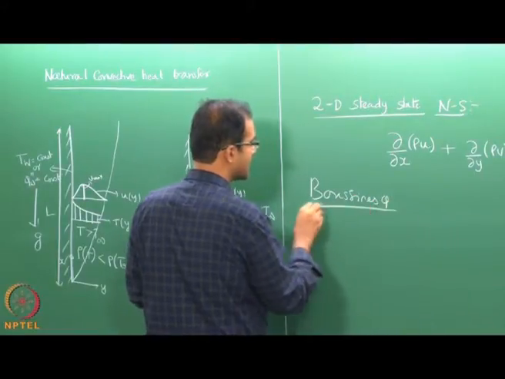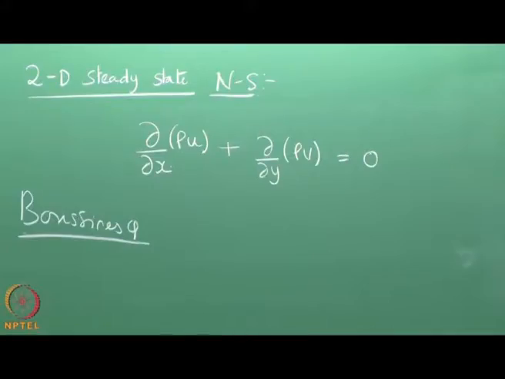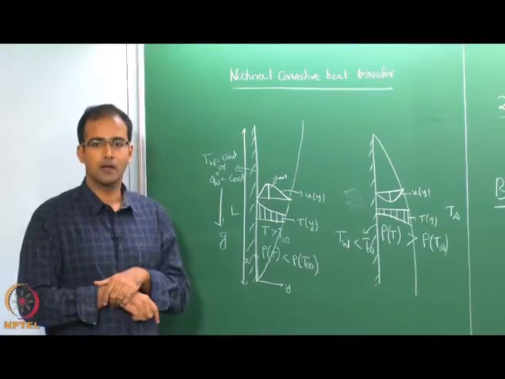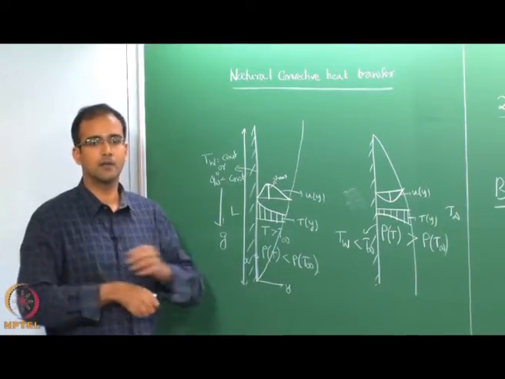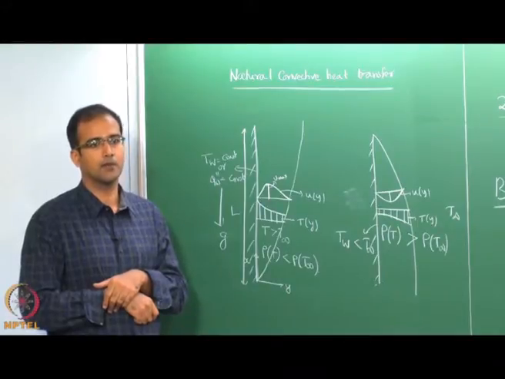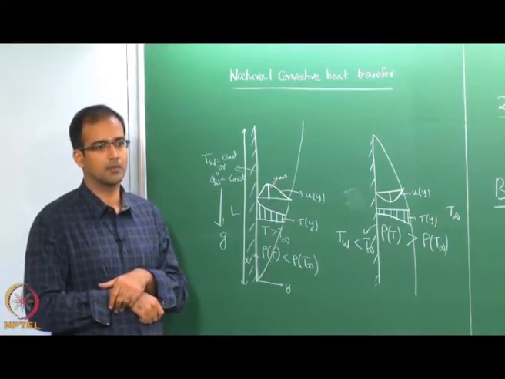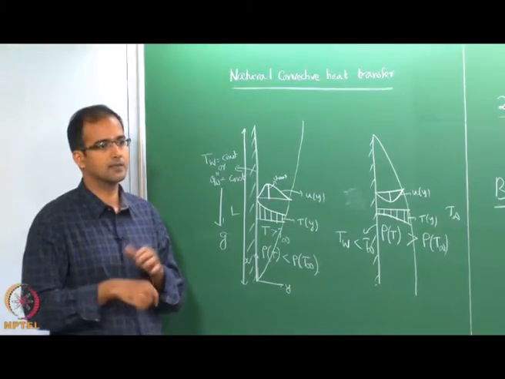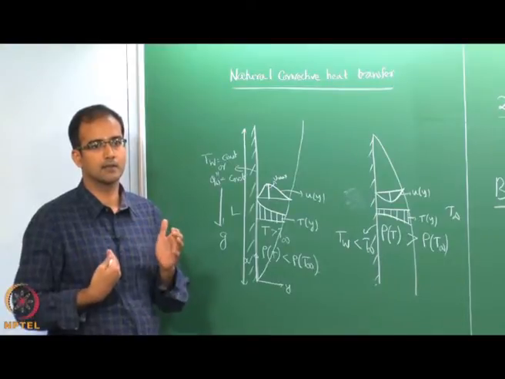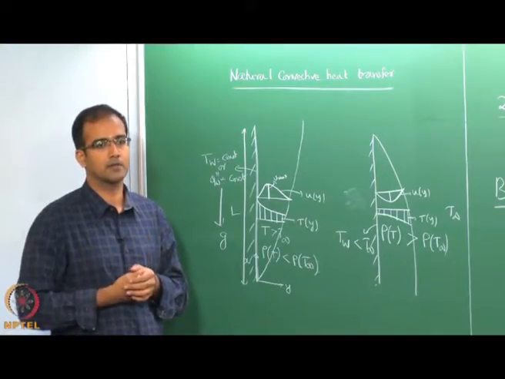So, Boussinesq made the approximation that it is fairly reasonable to treat density as a constant in the continuity equation and also for the most part of the momentum equation, except in the body force term of the momentum equation. So, the body force, this is where the driving potential, the density difference, emerges as a function of temperature difference.